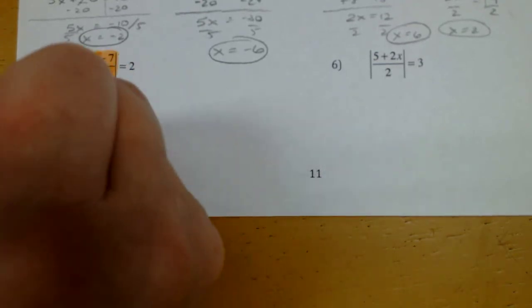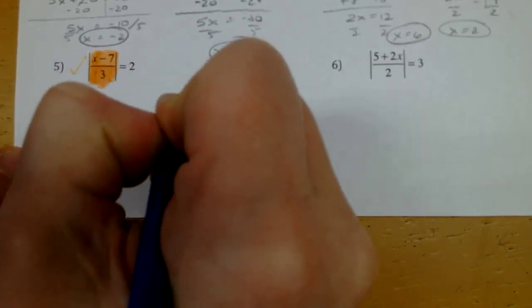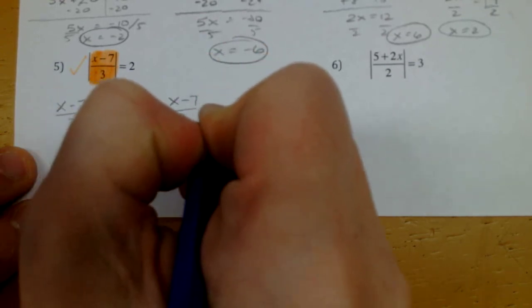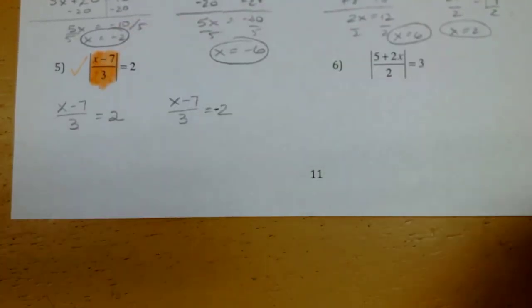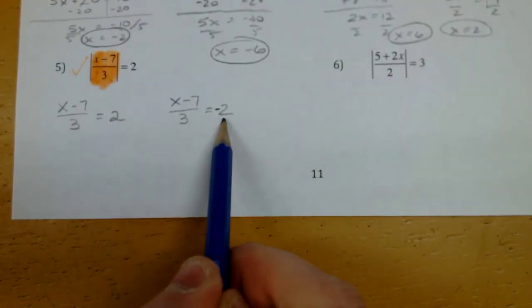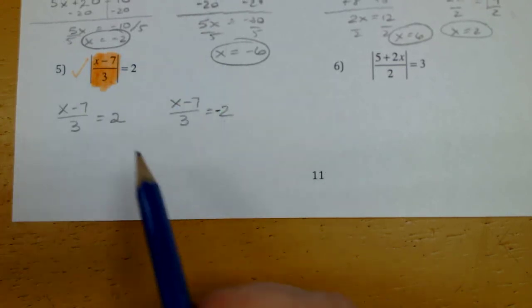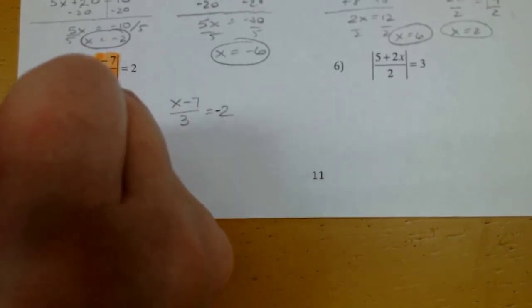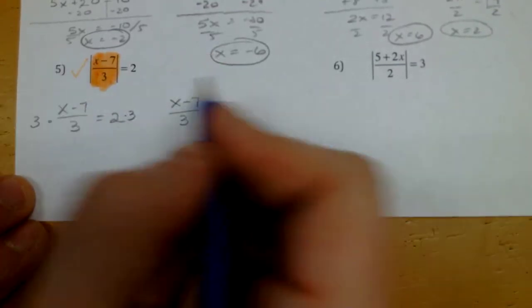I just need to set up two equations. Now this is going to go back. Oops, this should be a -2. This is going to go back, so there's your sign flip, the 2 and the -2. Way back, we talked about what to do here. We're going to clear the fraction first by multiplying both sides by 3.